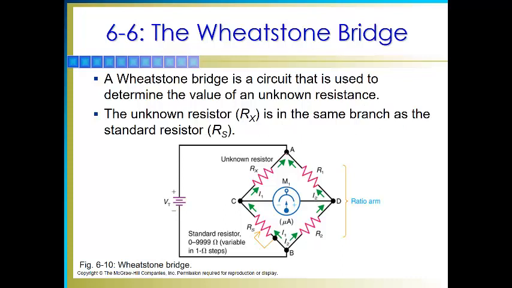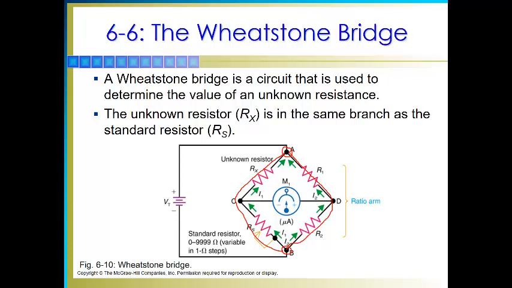Notice right here, this is one branch. This is one branch right here. Here is another branch. These are two branches that are connected in parallel because they are connected through the same or common connection points, right?